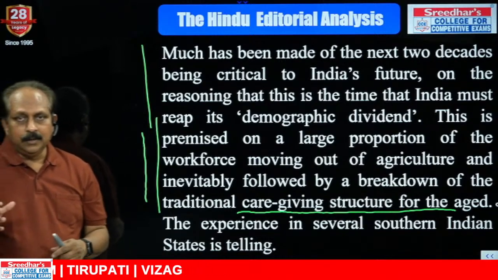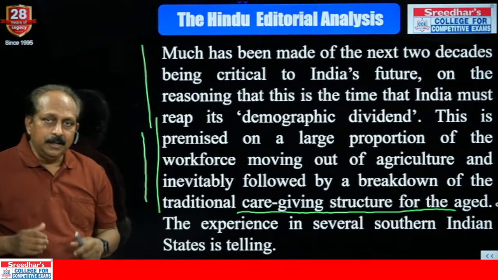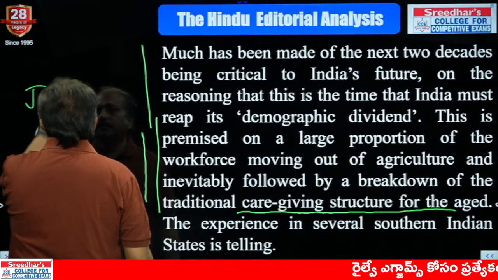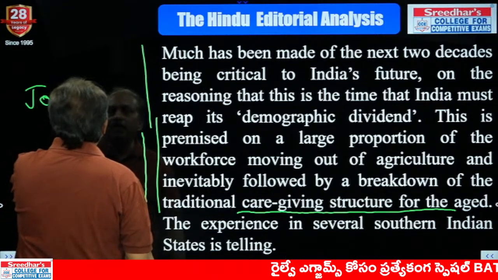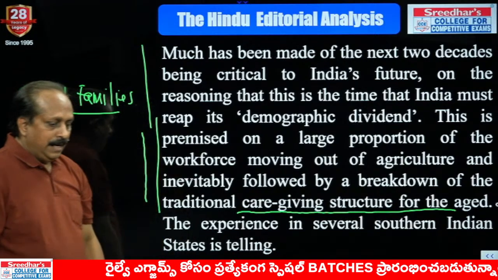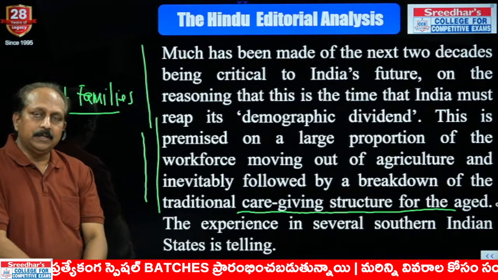In the past, India was known for joint families. Do we have joint families now? No. What is the reason?